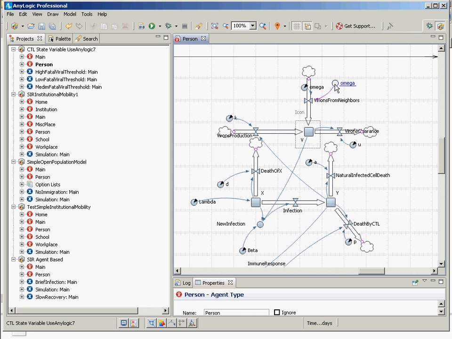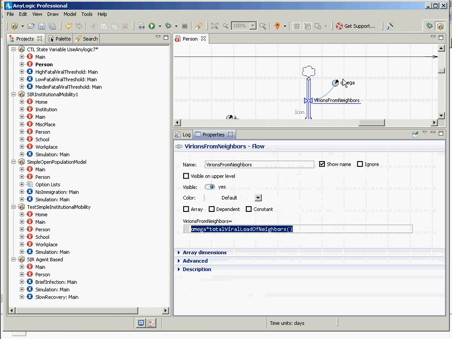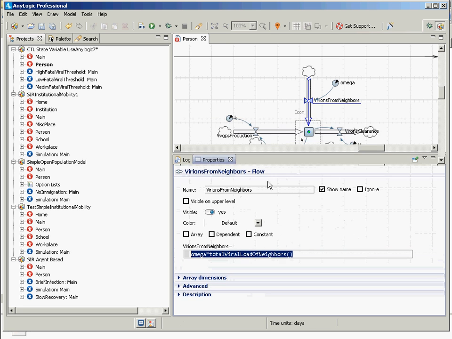This is AnyLogic's depiction of stocks and flows. A notable feature is that there's an inflow from other individuals, other people in the network. The actual flow is dictated by the formula for this flow, which is omega times viral load of neighbors.